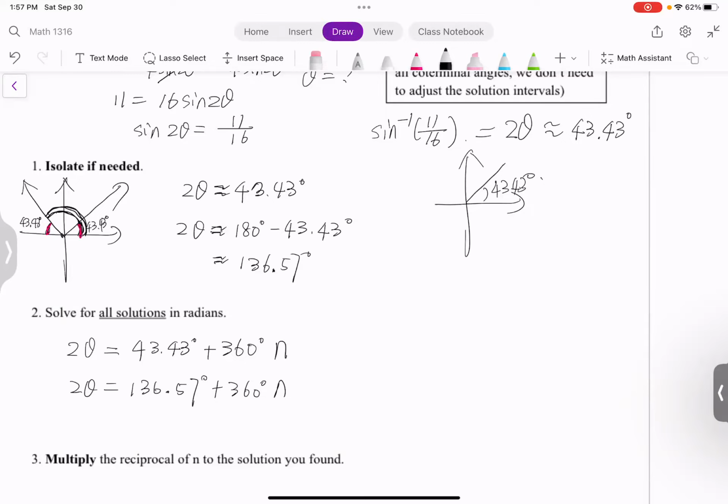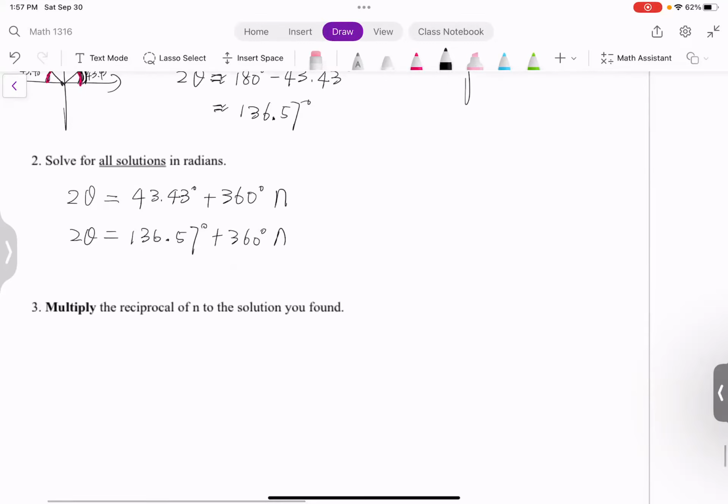I'm looking for theta, not 2 theta, so divide by 2, everybody. So theta equals everything over 2: 43.43 degrees over 2 plus 360 degrees n over 2.